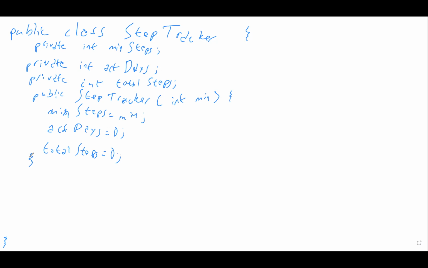All right, so we've got our constructor, we've initialized all of our instance variables. Now we have three different methods to write: add daily steps, active days, and average steps.